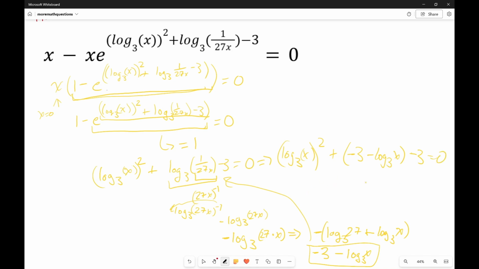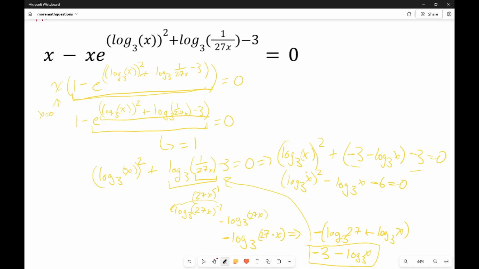Now let's simplify this more. I see a minus 3 over here and a minus 3 over here. So we can say log base 3 of x, whole squared, not plus, minus log base 3 of x minus 6 is equal to 0.